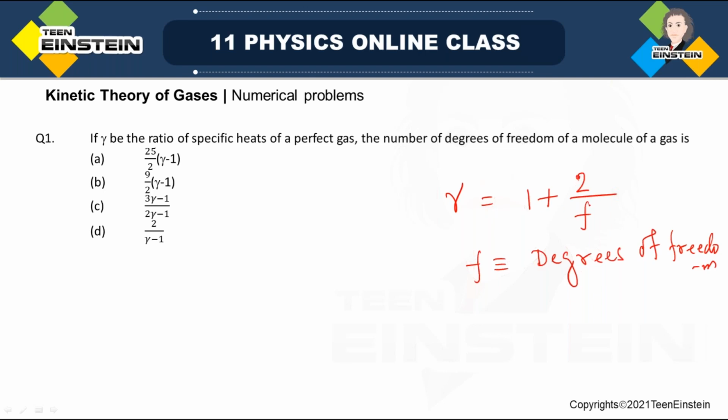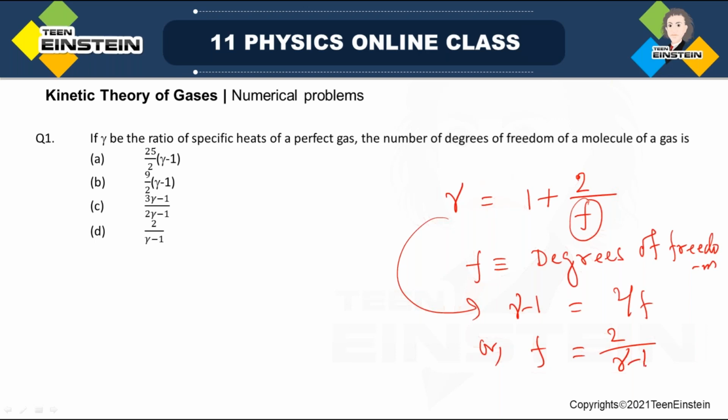So from here, it is easy to find out the degrees of freedom for the molecule of a given gas. If we solve for F, gamma minus 1 is equal to 2 by F, and F will be 2 by gamma minus 1.